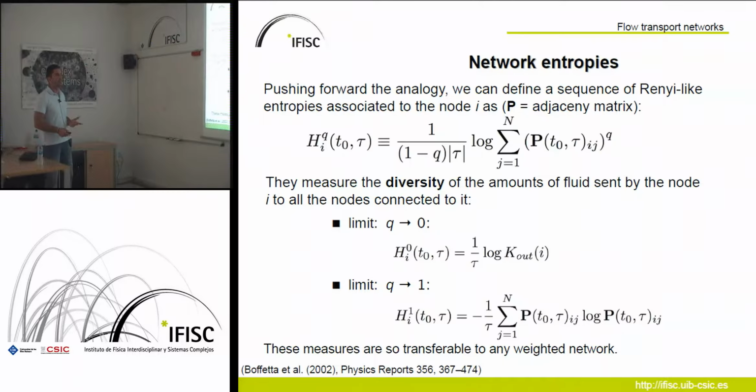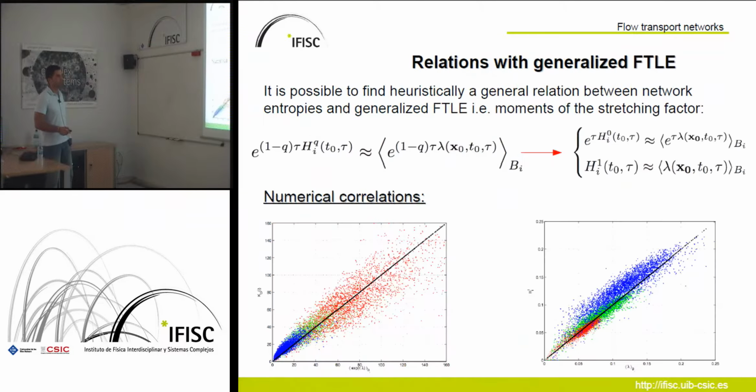So that's the idea, to find the relationship between H1 and this quantity. You see here, these are averaged over the box, the node i. This is important.